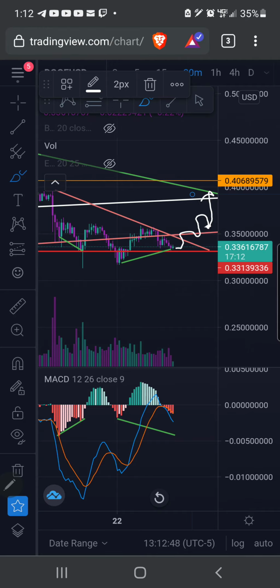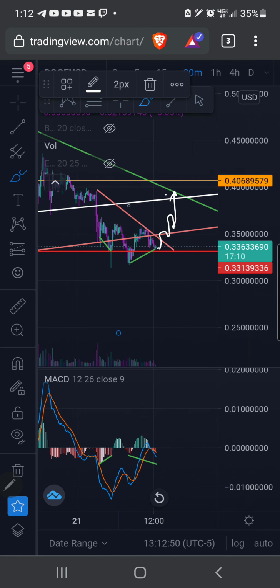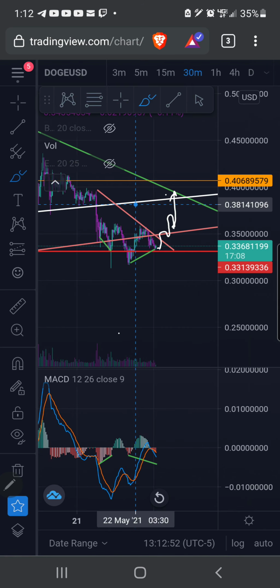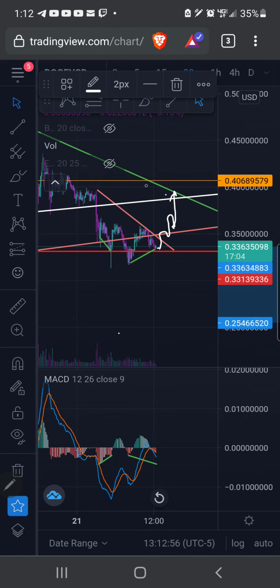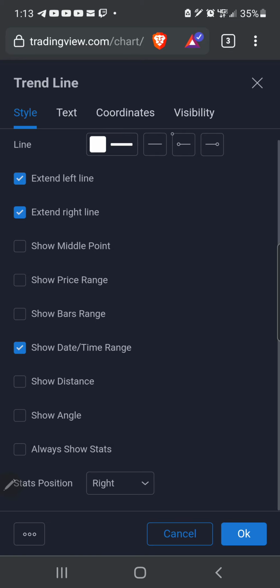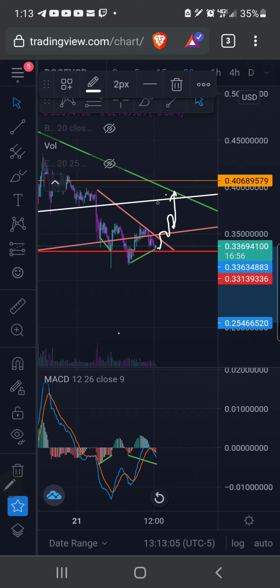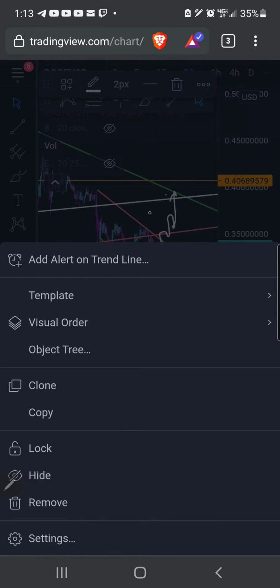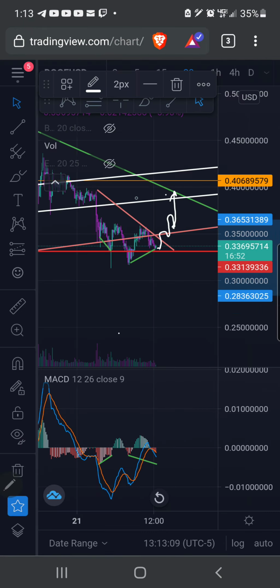And what I mean by channel is, if this line right here, let me clone this thing. There it is.